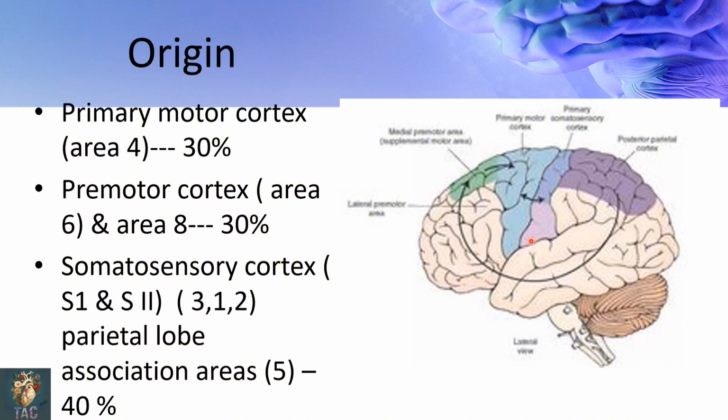Behind it, areas number 3, 2 and 1 are also called the primary somatosensory cortex. 40% of fibers come from this area and from area number 5. So these are the fibers originating from different parts of the cerebral cortex, giving rise to the corticospinal system.